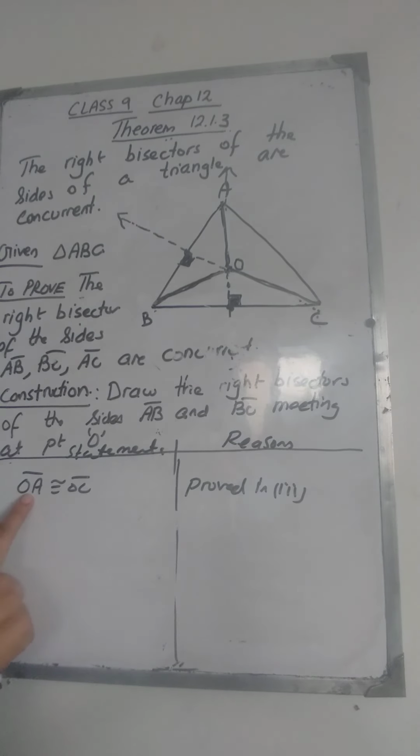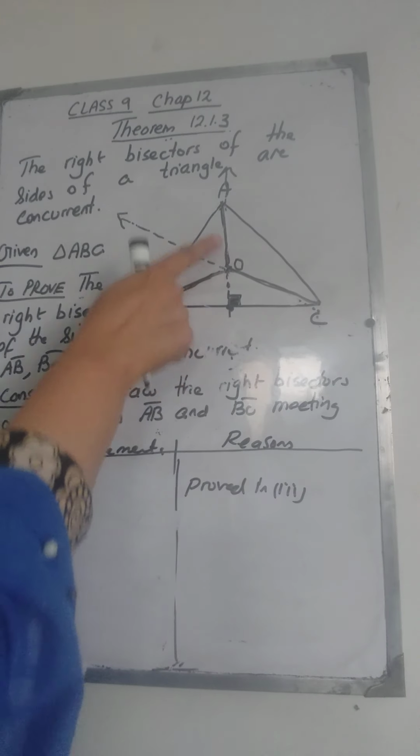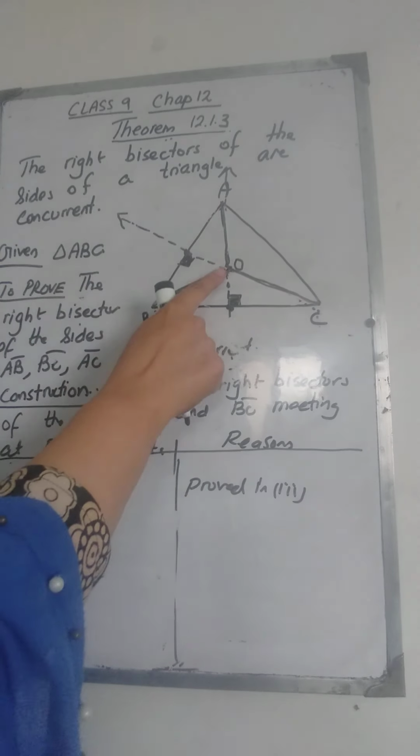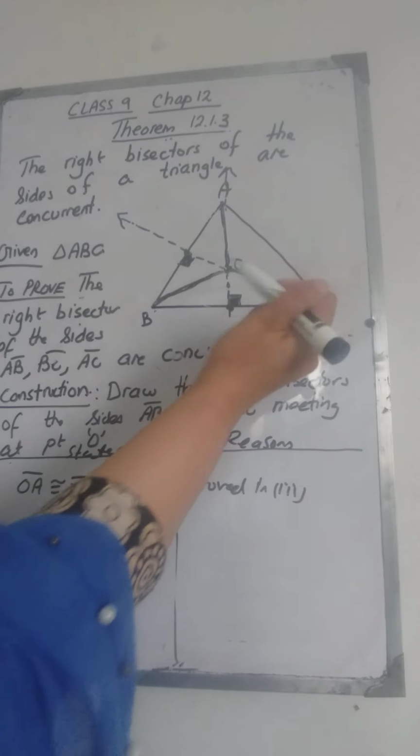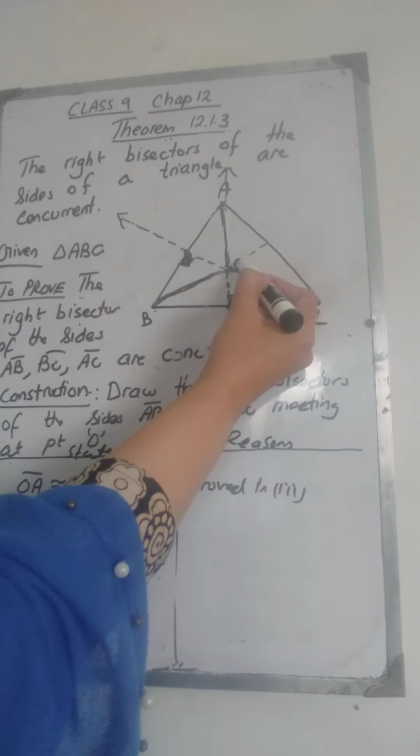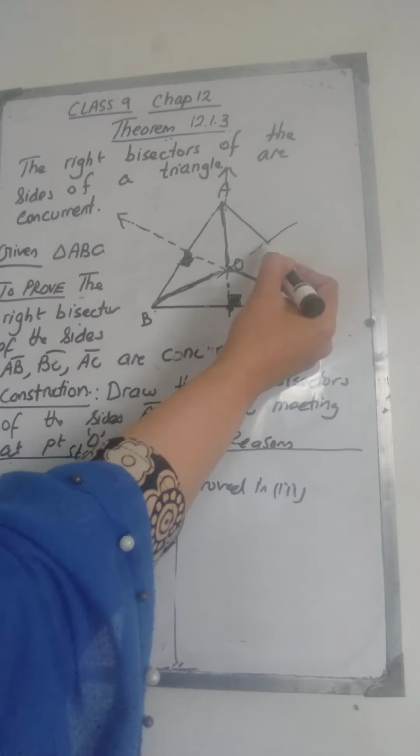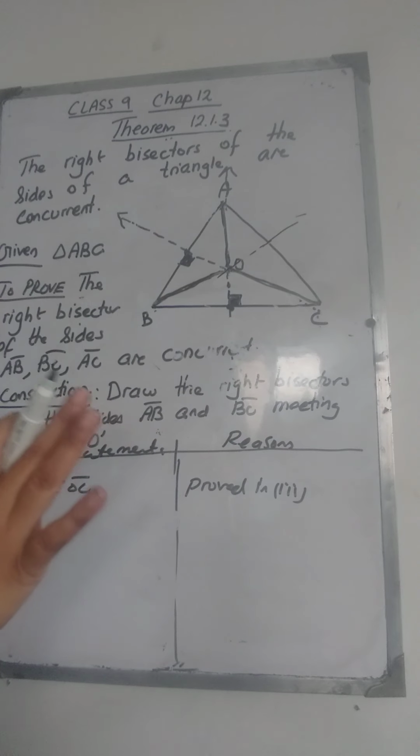So from here we can see that the distance of O from A and C is the same. Let me draw a line which passes through O.